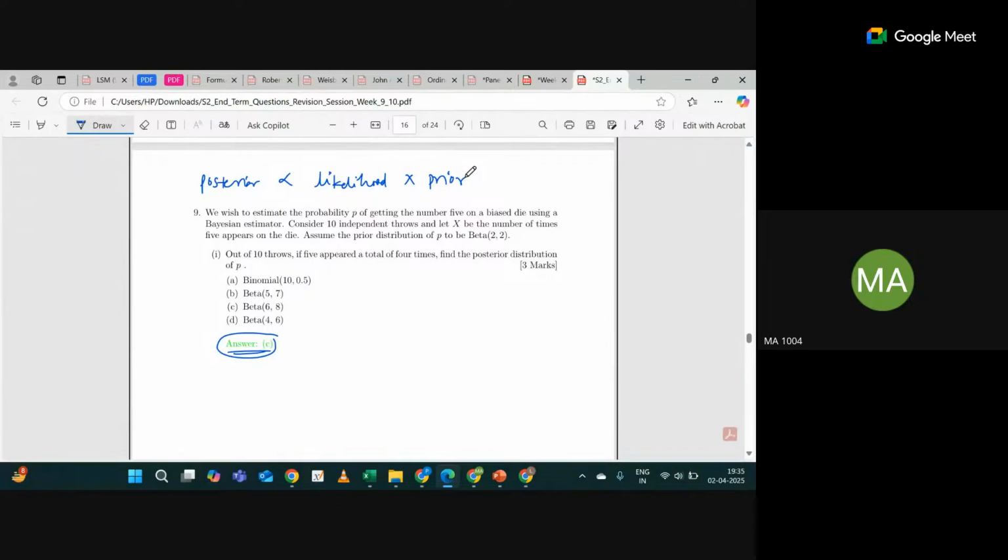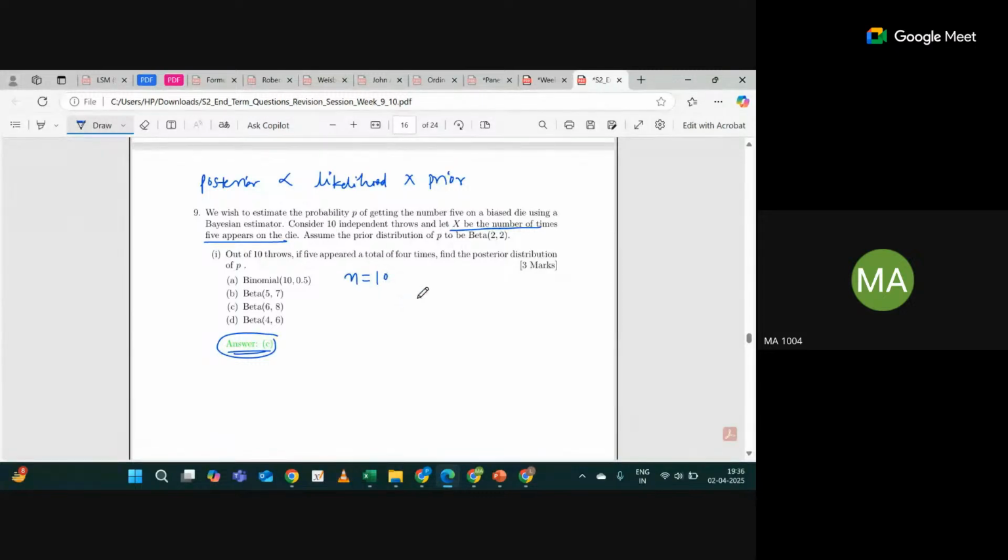So how will you define your X? X is a random variable, the number of times 5 appears on the die. How many tosses are there? N, 10 independent tosses, right?